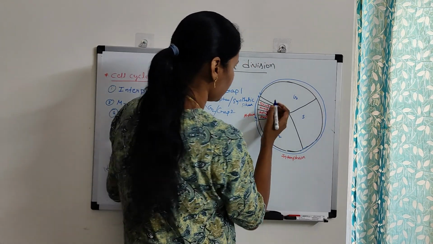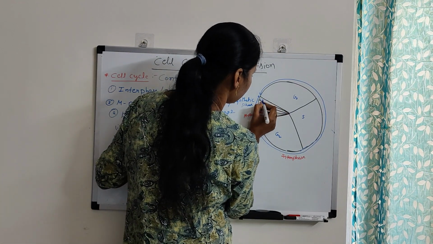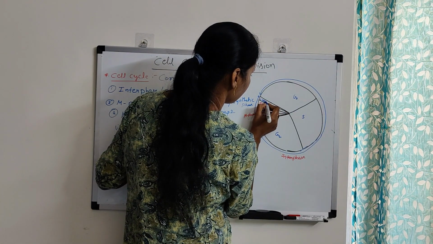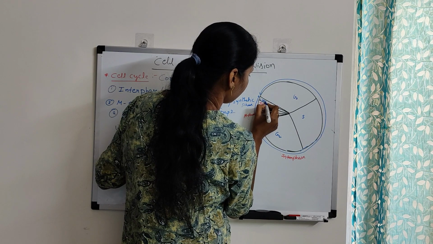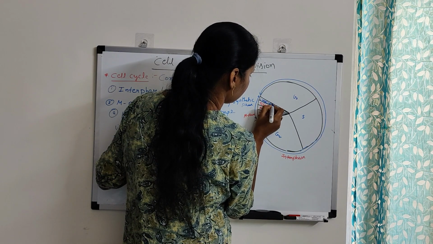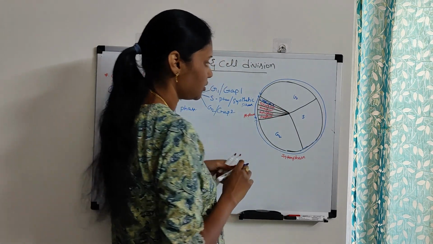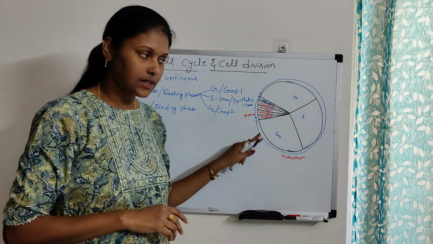After this nuclear division, it is followed by cytoplasmic division, that is cytokinesis. So this is a cell cycle.